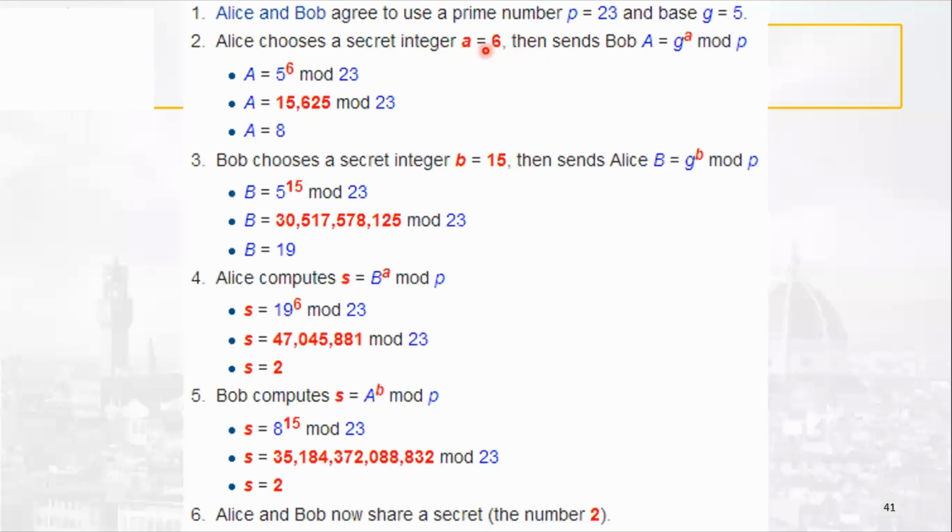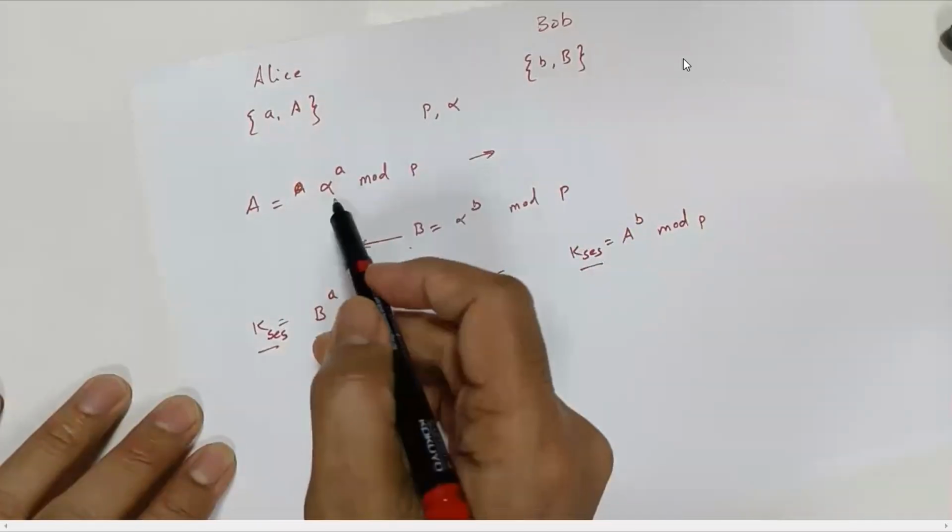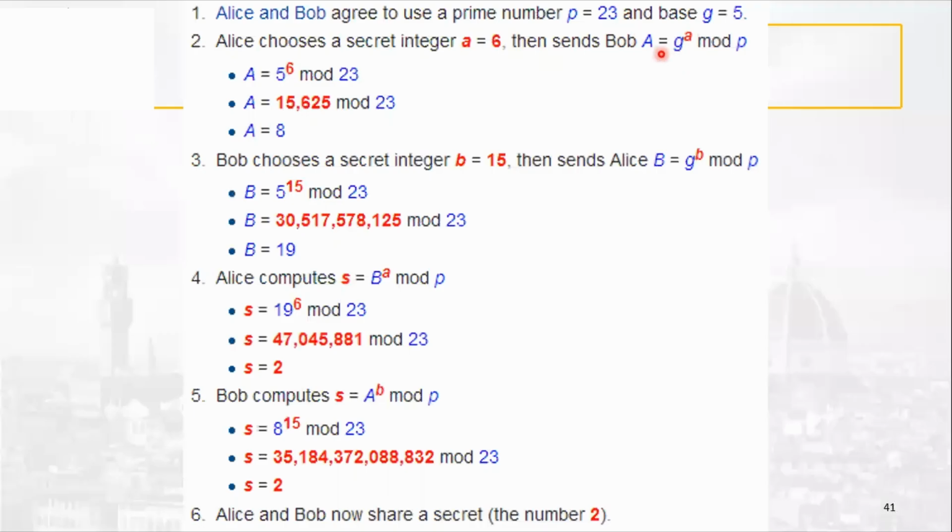So Alice has to calculate a public key. In our case, we do alpha raised to a mod p. Here they have written g raised to a mod p, so alpha is replaced by g. I'm giving you some terminologies which are used at many places, but the calculation is the same.